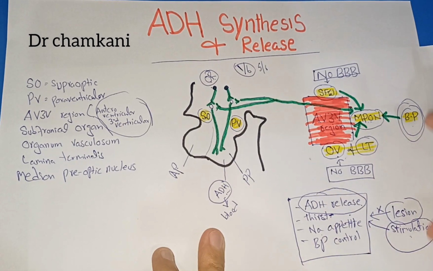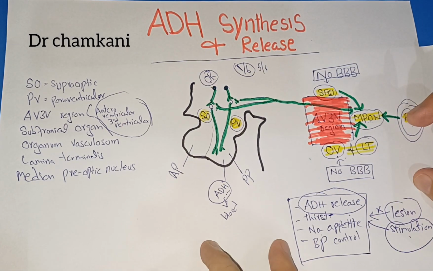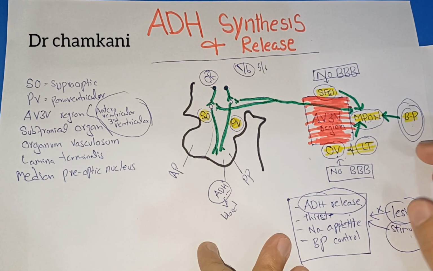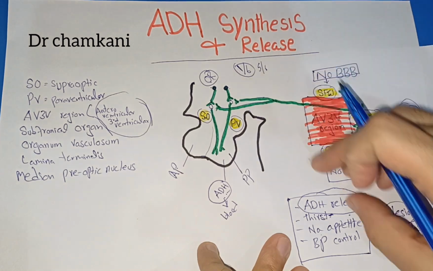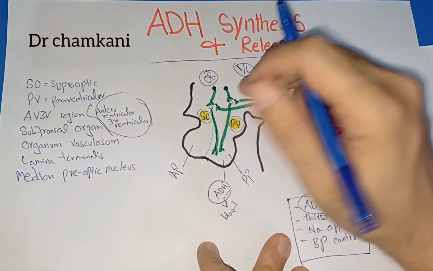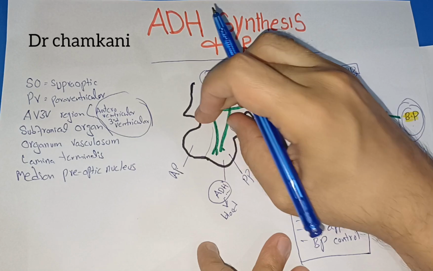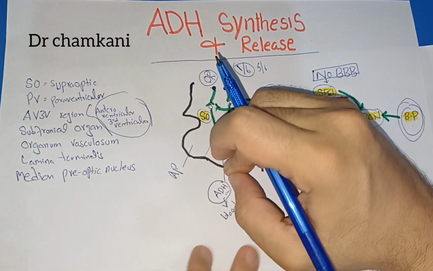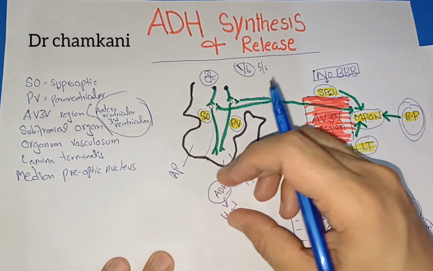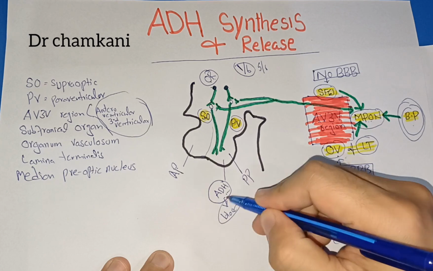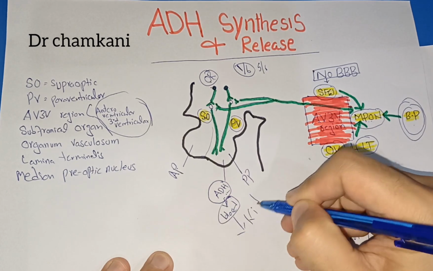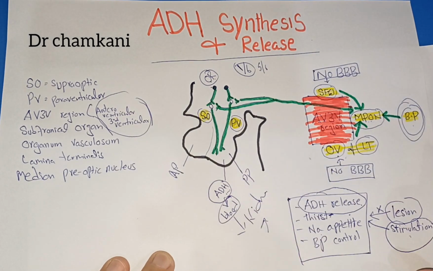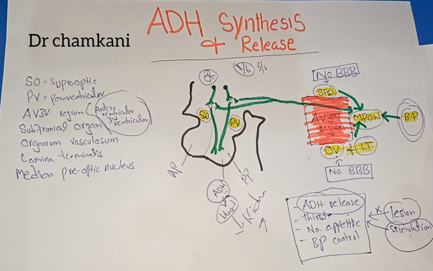So any change in the blood pressure, any change in the arterial pressure, or any change in the plasma osmolarity will be detected through these areas, and it will be communicated to the hypothalamus, and then the hypothalamus will lead to release of antidiuretic hormone. And once the antidiuretic hormone is released into the blood, it will go into the kidneys, and it will lead to reabsorption of water and correction of the abnormality.